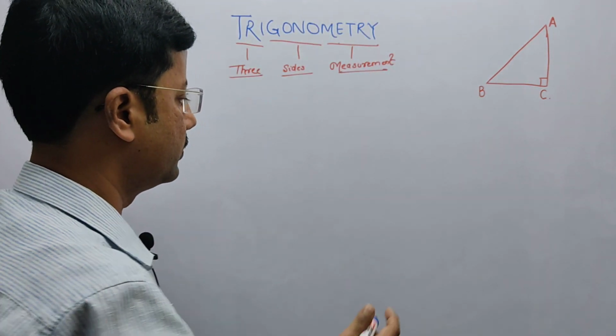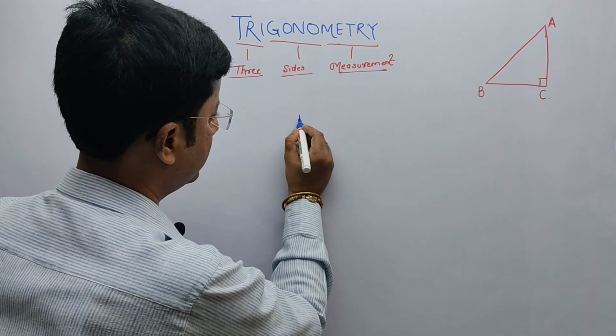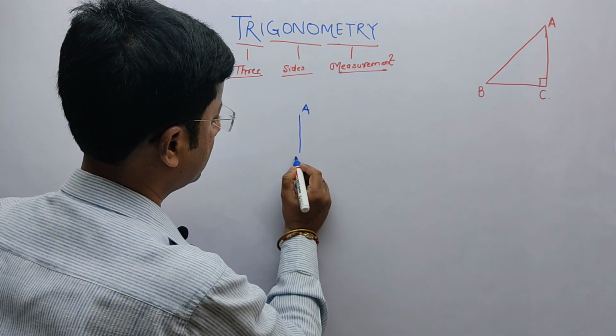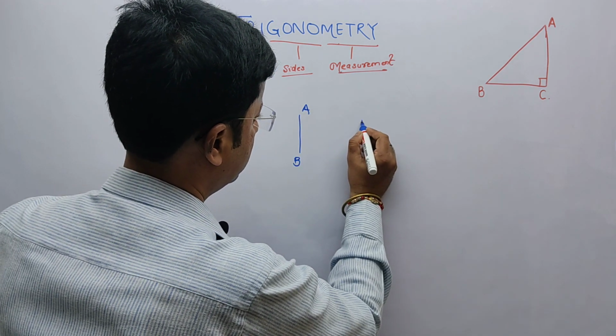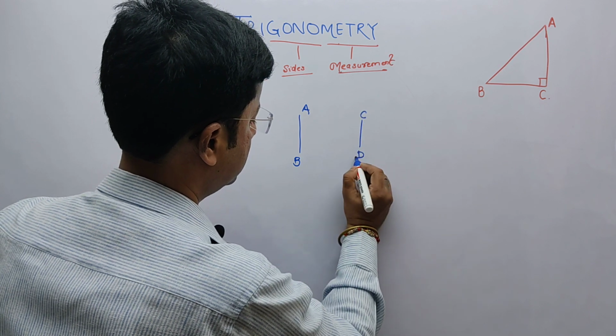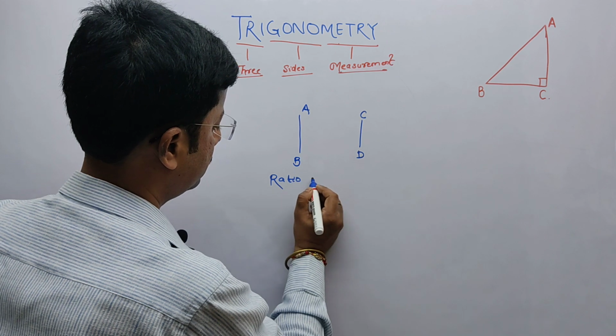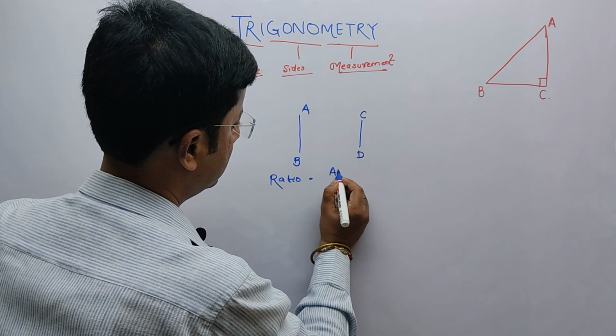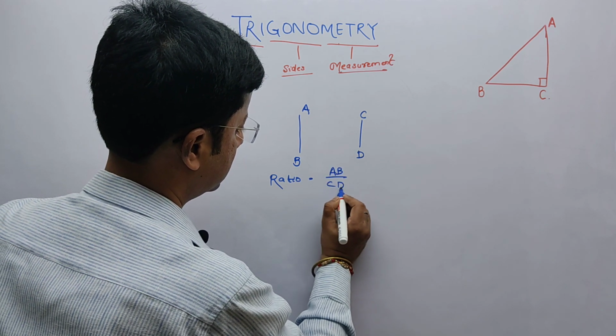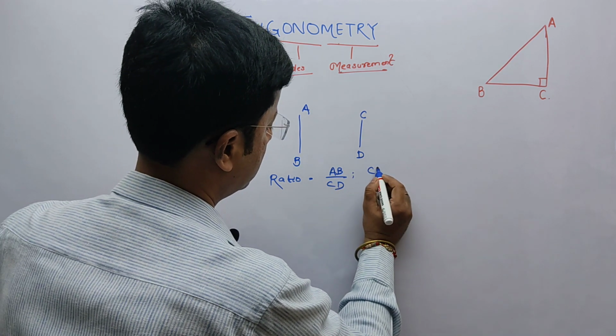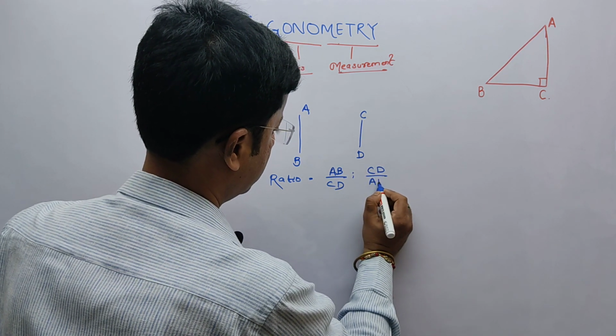If I draw here one line AB and the other line CD, then what does ratio mean? Ratio means AB upon CD, or the ratio can also be CD upon AB.